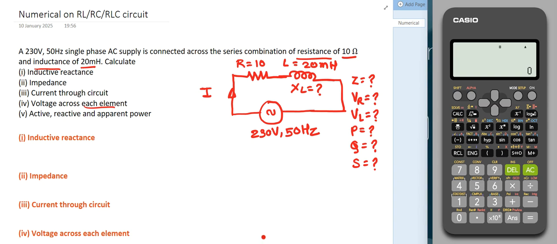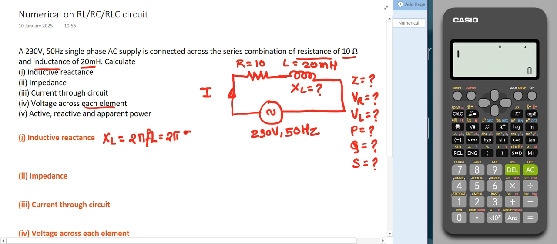So I have a 230 volt 50 hertz AC supply and inductance is given as 20 millihenry. First I have to calculate the inductive reactance. What is the formula of inductive reactance? XL is equal to 2 pi FL, that is 2 pi into 50 into 20 into 10 to the power minus 3.